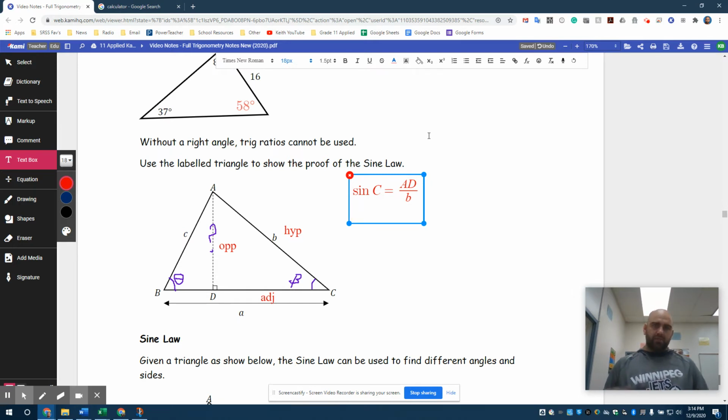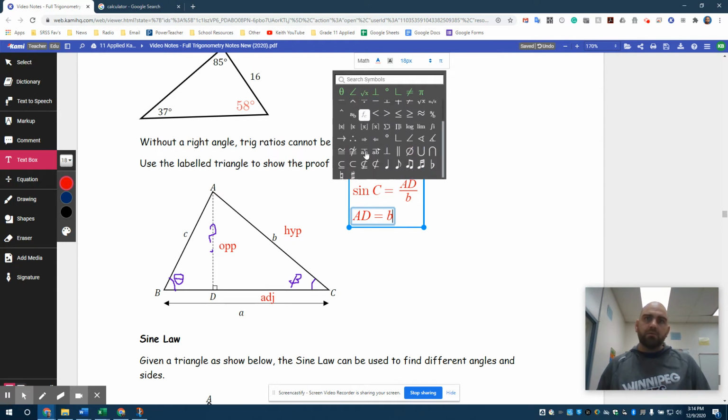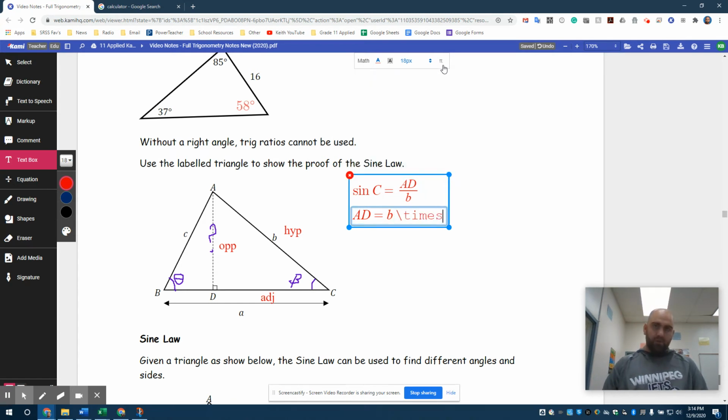So I'm going to get that all by itself by multiplying b to both sides. And so line segment AD is equal to b times sine of C. So AD is equal to b times sine of C.